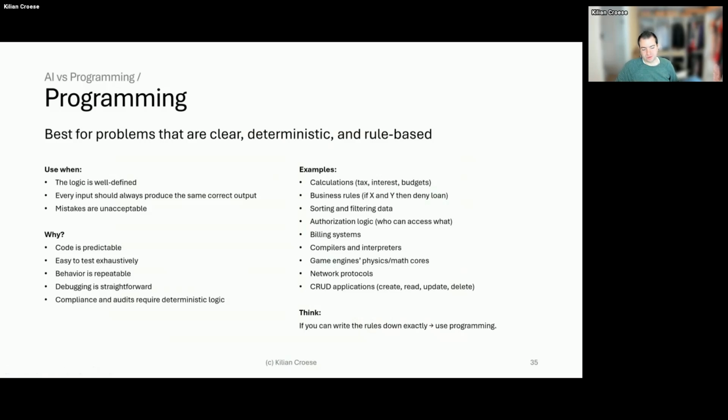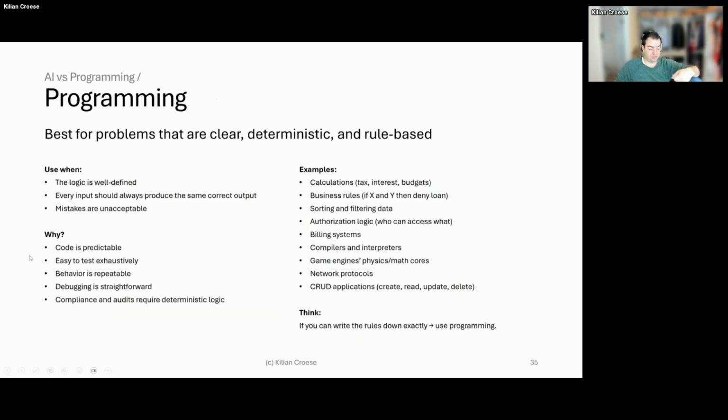So basically, to recap, if you're going to make a choice between, am I going to solve this problem with programming, or am I going to solve this using an AI solution? Programming is best for problems that are very clear, deterministic, and rule-based, so you can explain, write down and understand perfectly what needs to be done.